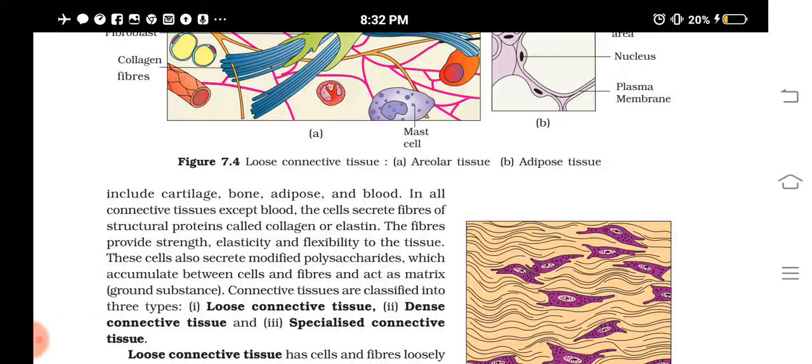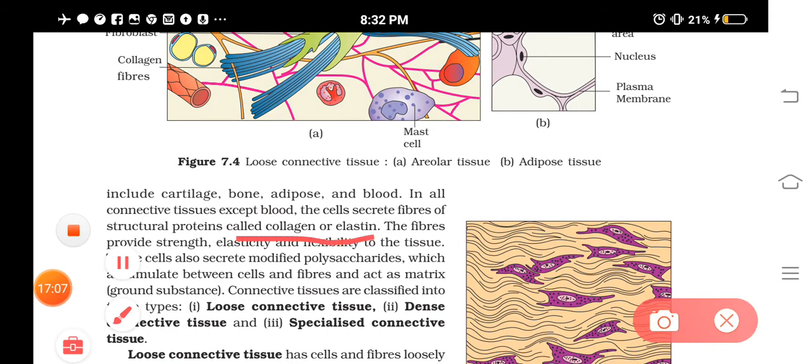In common, if you see the character of connective tissues, they secrete certain structural proteins called collagen or elastin. They produce what? Certain proteins called collagen or elastin, and these fibers provide strength and elasticity to the tissue.